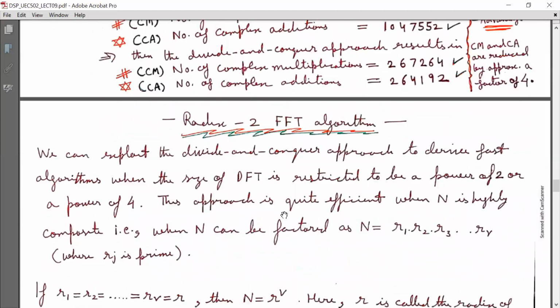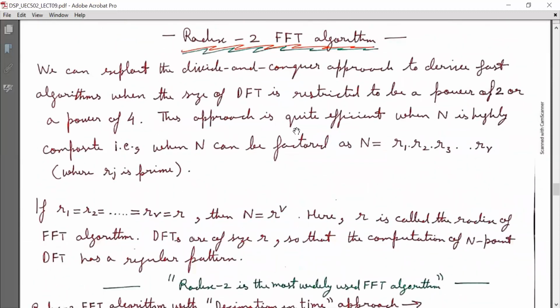Next, we discuss the radix 2 FFT algorithm. We can exploit the divide and conquer approach to derive fast algorithms when the size of the DFT is restricted to be a power of 2 or a power of 4. This approach is quite efficient when capital N is highly composite, that is, when N can be factored as N is equal to R1, R2, R3, ..., Rv, where Rj is a prime number.